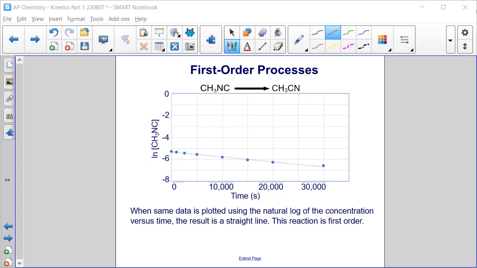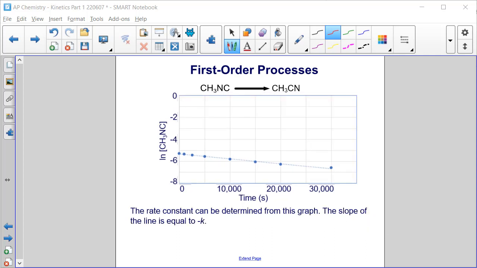When the same data is plotted using the natural log of concentration instead of concentration, so natural log of concentration versus time, we get a straight line. This reaction then is first order. The rate constant k can also be determined from this graph. We could find the slope of this line, and the slope of that line is equal to minus k.